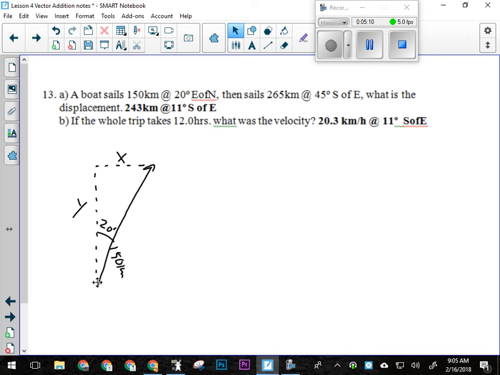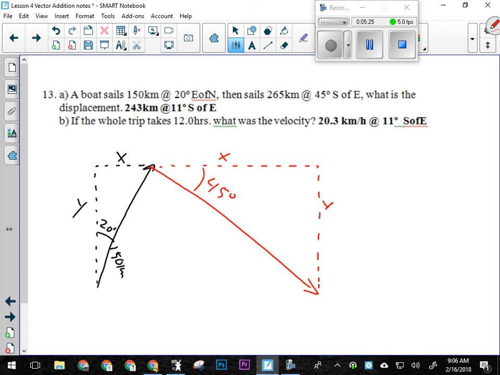Our second vector is 265 kilometers at 45 degrees south of east. So here's east as my reference. It's about 45 degrees. Here's x, here's y, and this is 265 kilometers.